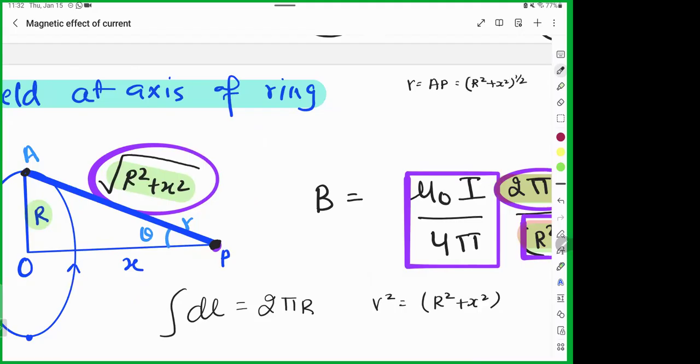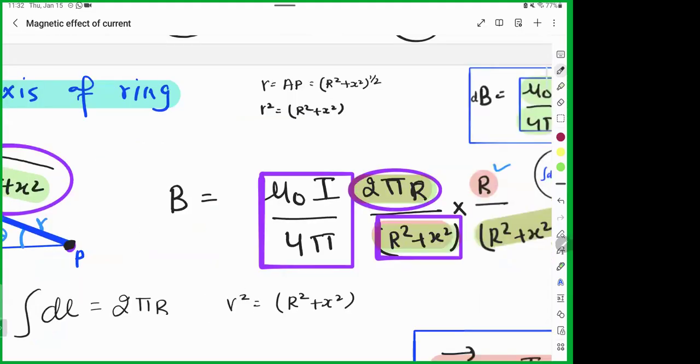Any doubt, Barinder? No, sir. What will be the r square value then? It will be equal to r square plus x square. Because in the formula we had r square and the value is r square plus x square.